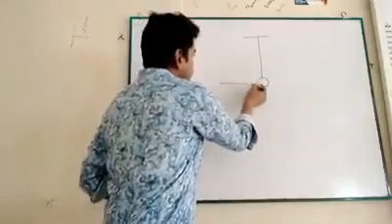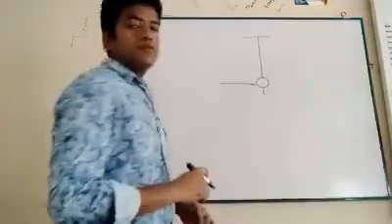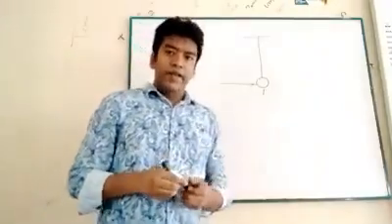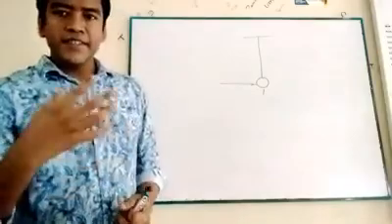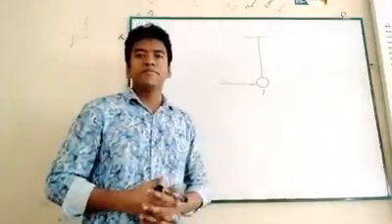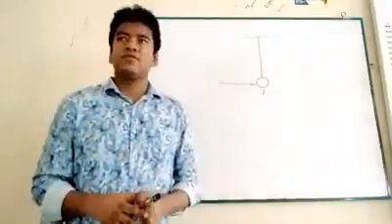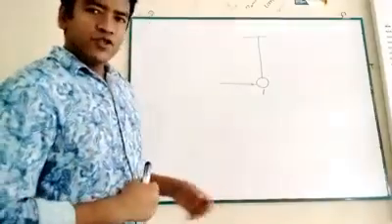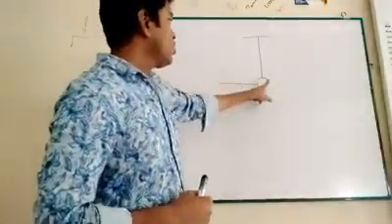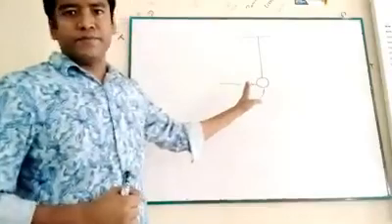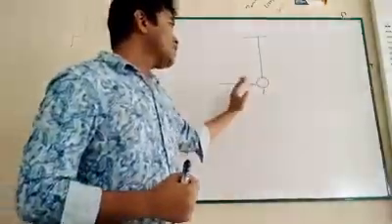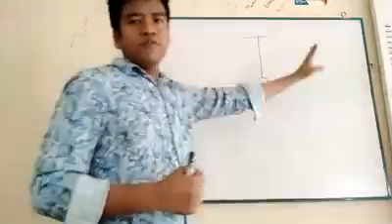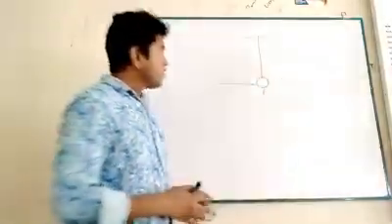When you apply force on the bob, at first the bob will receive this force. This received force will be called restoring force. By this restoring force, the bob will oscillate left and right. The bob can easily move left and right. Okay.